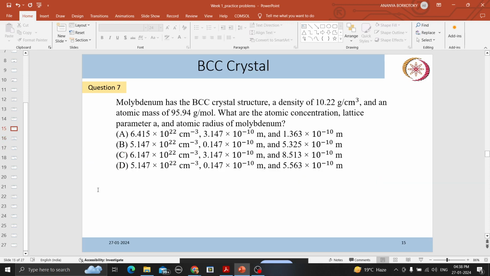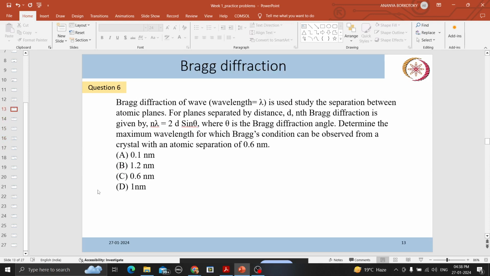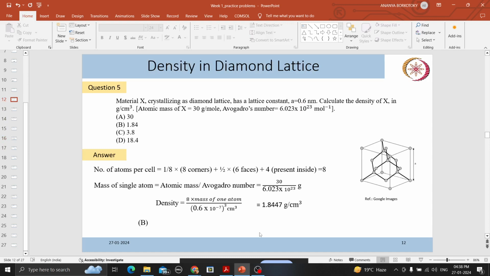But for a single crystal, although we can calculate, like instead of 8 corners it will be 7, there is not much significance for that. If you want to know, mathematically we can calculate.